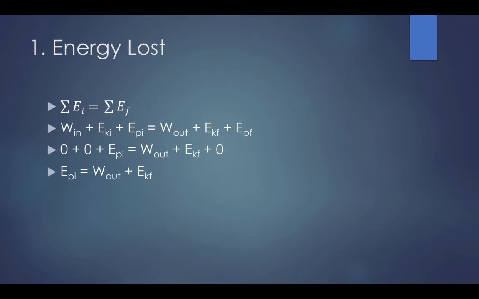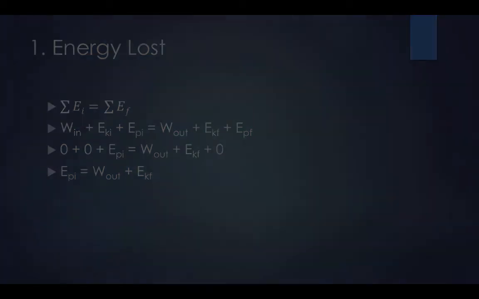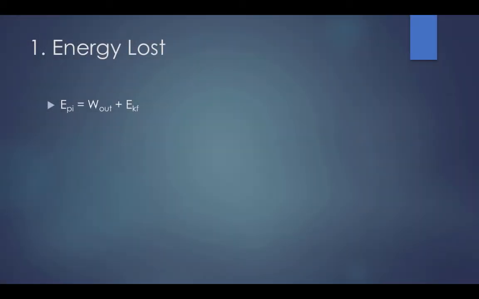If the bike is in a closed system and 100% of the energy is conserved, then the energy transformation would simply be initial potential energy equals final kinetic energy. Work out is the useless or unintended energy created as potential energy transforms into kinetic energy, usually a product of friction.